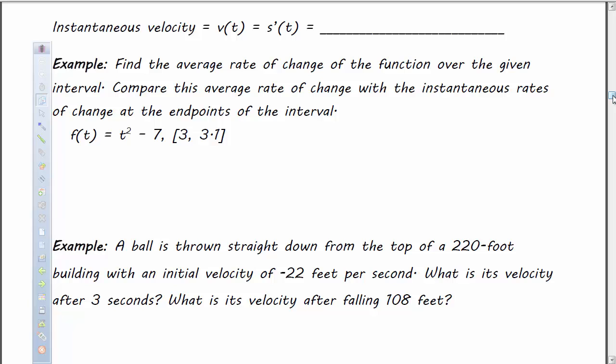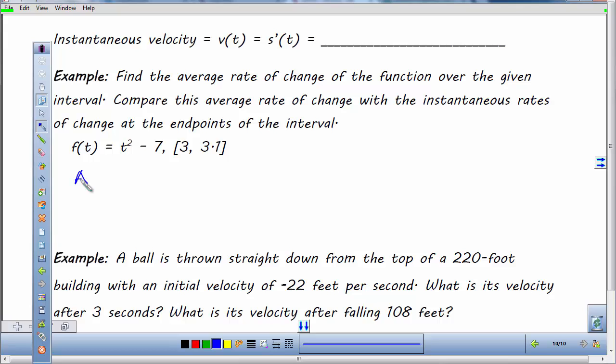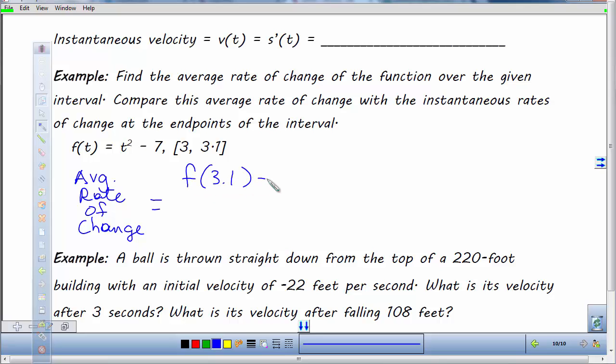So if I want to find the average rate of change, it's going to be f of 3.1 minus f of 3, divided by 3.1 minus 3. So it's the change in f over the change in t.